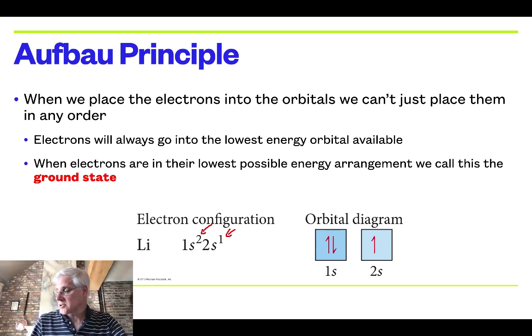Now, we may ask ourselves, why couldn't we just put all 3 of these electrons into the 1s? Well, that's because each orbital can only hold 2 electrons. That corresponds to spin up and spin down for m sub s, and we'll talk a little bit about that later. But once I have filled an orbital, then I have to go to the next highest energy orbital and fill that one in.